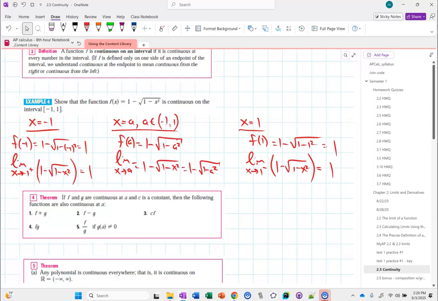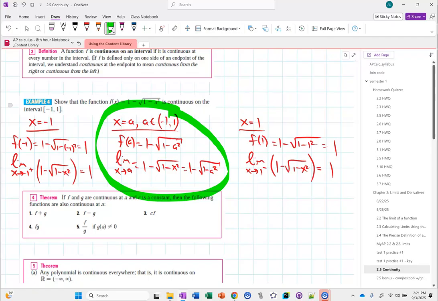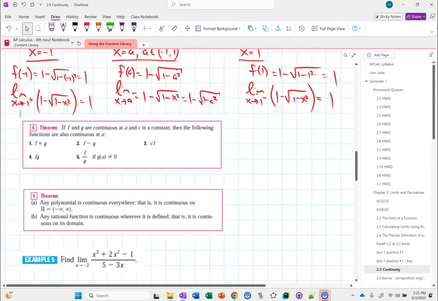So at the left end you're doing the right limit, and at the right end you're doing the left limit. It's so anticlimactic, but those are the three things you have to check. No big deal. And we're going to knock out this check real quick here. So that will eventually become trivial.